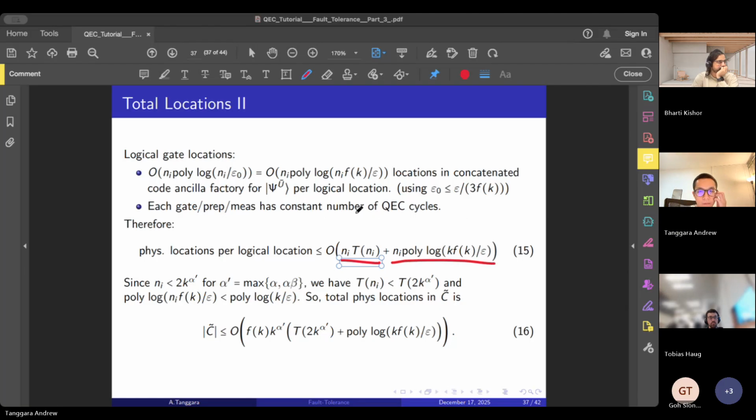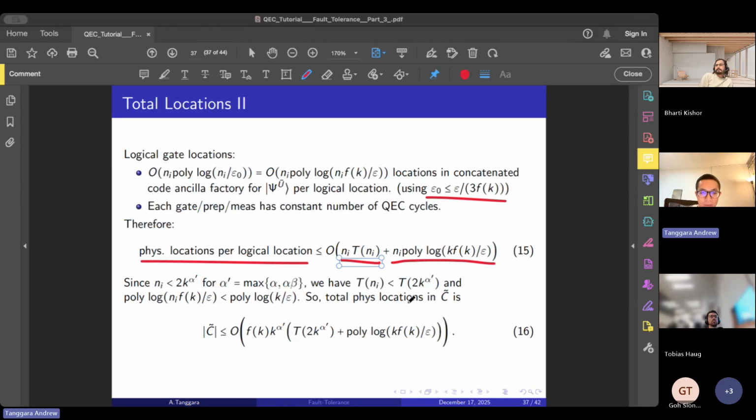This should be polylog in n_i, but I can substitute in this k using the relation that we established a couple of slides back, and that gives us an upper bound on the number of physical locations for every logical location.